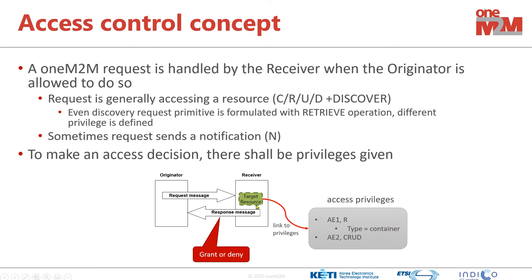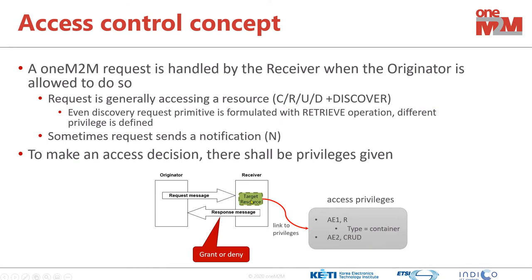But depending on the condition, the request may be processed successfully, or in other cases it could fail, because in this case we are talking about access control. Since the originator has no access privilege on the requested resource, it could be denied. And how to decide that is the topic for this session.